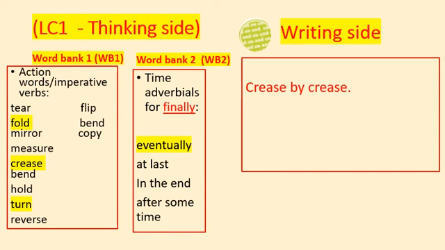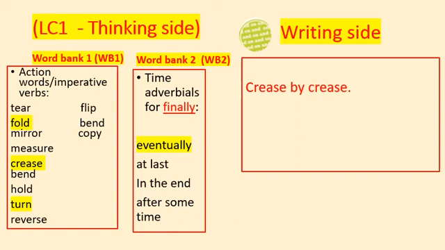Okay. So now we're on our writing side, and I'm going to think of repetition. And what I've done here, as you can see, I've highlighted some words and I'm going to use these in a sentence. So I'm going to model it for you first. So I've picked crease. I like the word crease.